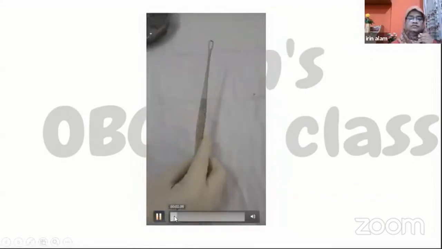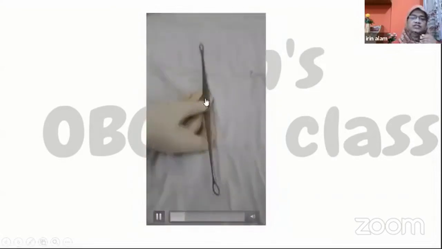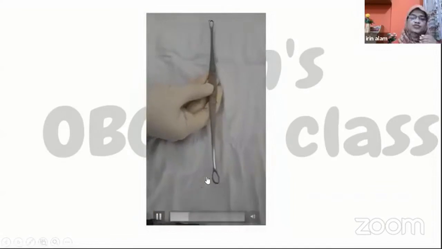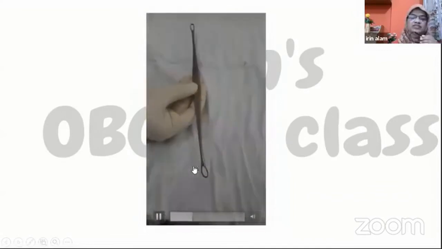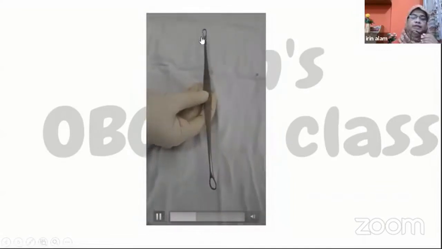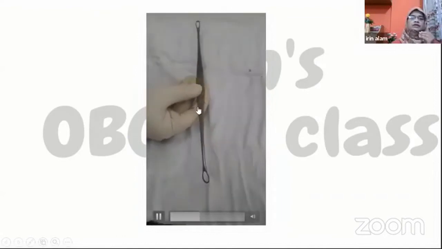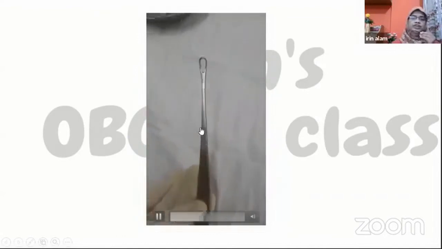So next, this instrument is called a curette. There are two ends. One end is sharp and the other is blunt. Curettes are of different shapes.